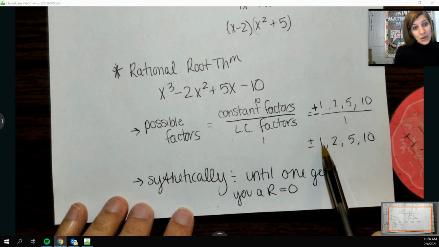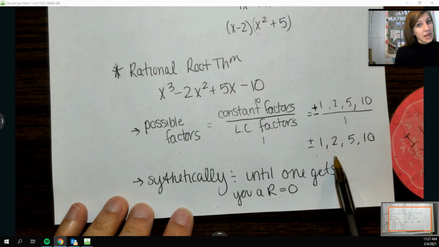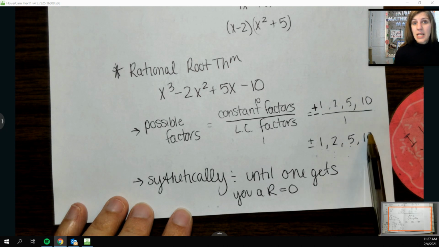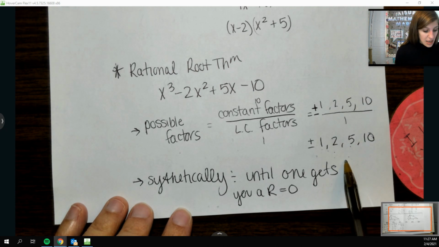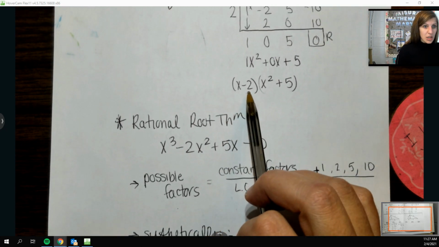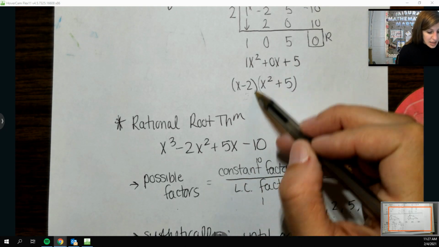So I could go through and divide by 1 and by -1 and 2 and by -2 and 5 and -5 and 10 and -10. But the only one that's going to give me a remainder of 0 is 2, because I know that that's an answer. And when I divide that out, I would have gotten this.